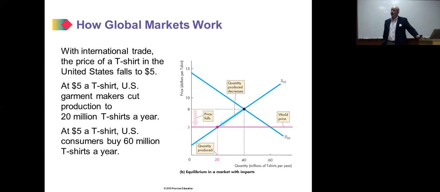Remember, when the price fell, the amount demanded increased. But US manufacturers were not willing to manufacture at that lower price. So we see US manufacturing decreases and the amount that we import would increase.